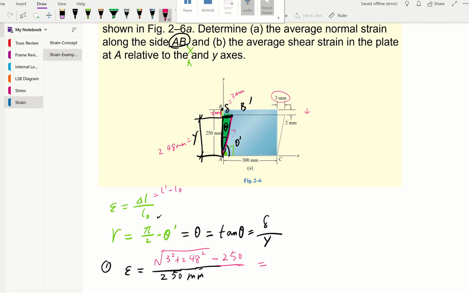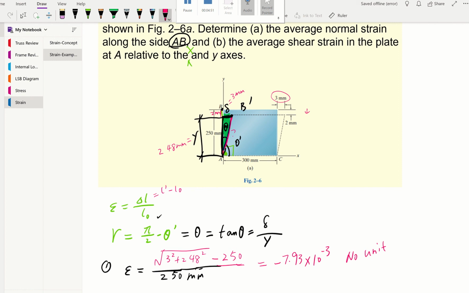Then we're going to subtract 250. Then we're going to divide by 250. I get a very small value of negative 7.93 times 10 to the negative 3. And what will be the unit? That's right, no unit. The length over length canceled. We talk about strain having no unit.